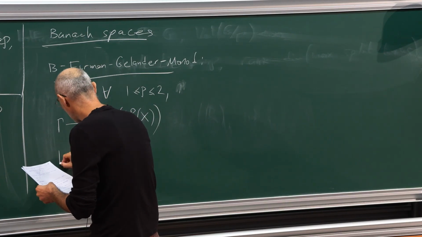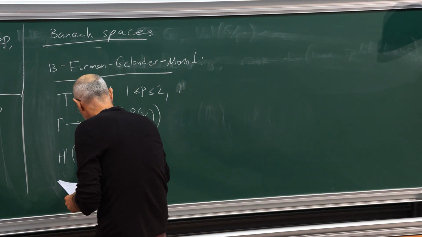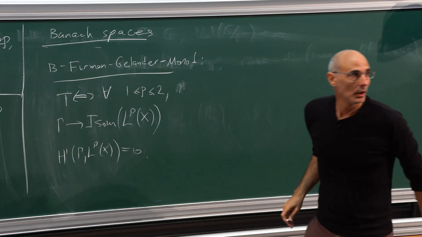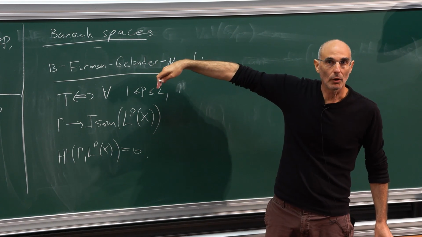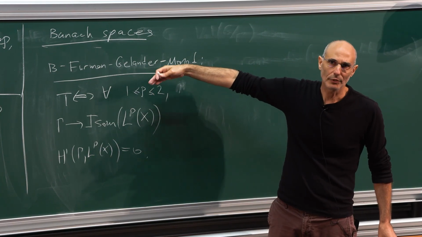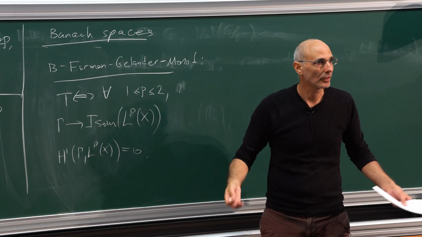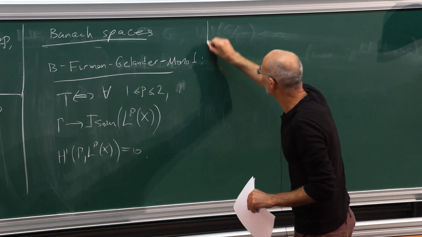Then H1 of gamma with coefficients in LPX is 0. So the statement here is that if this works for 2, then it works for every p between 1 and 2. And also if it works for any p between 1 and 2, it works for all others, in particular 2, and you have property T. So this is a version.